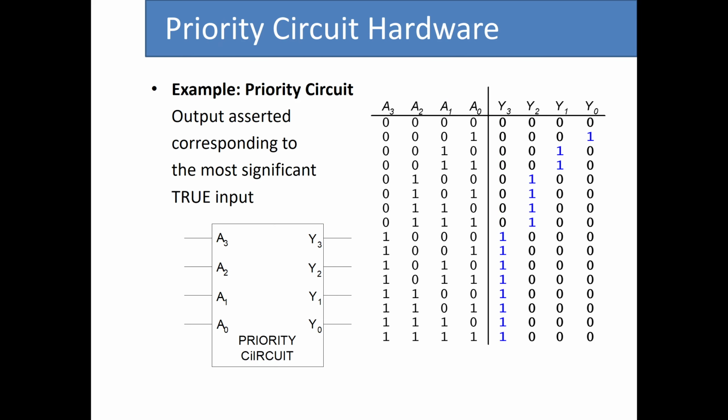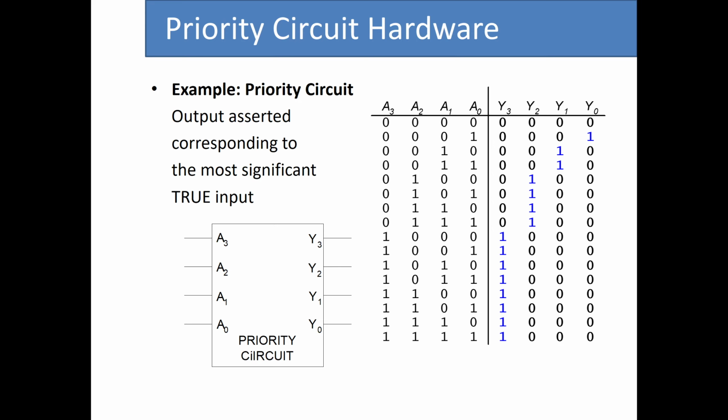And this is the priority circuit, much nicer than what I wrote. But if you look at this truth table, you realize that there are some redundant cases that you don't even have to mention.